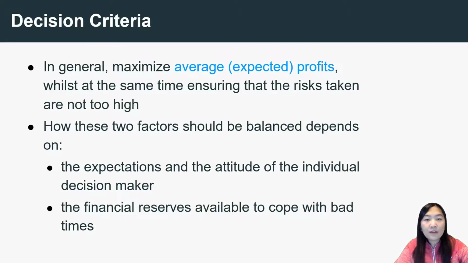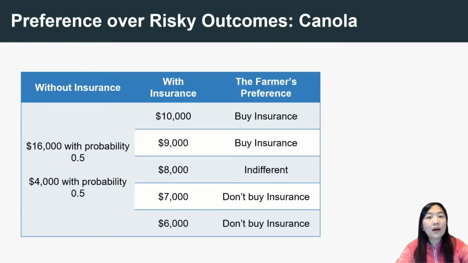However, if the farmer is really risk averse, that farmer might prefer to grow wheat. So let's take a look at the preference over risky outcomes. And I'm taking canola here for example.